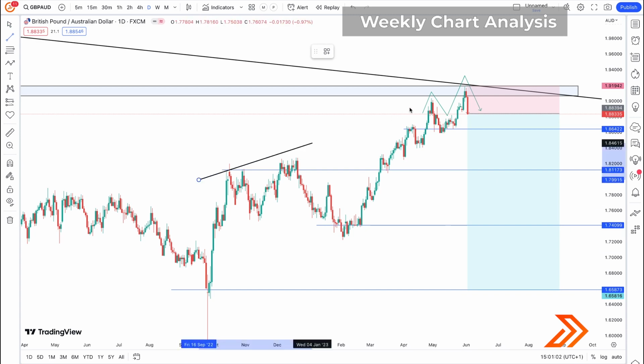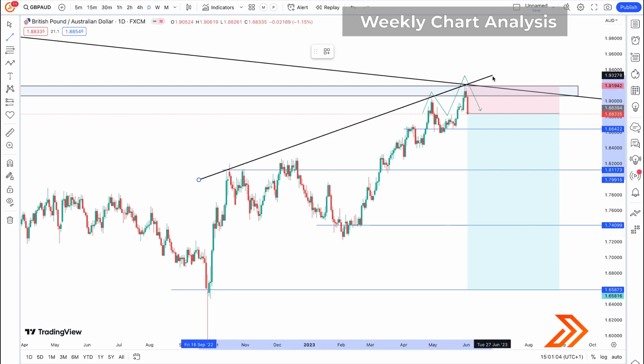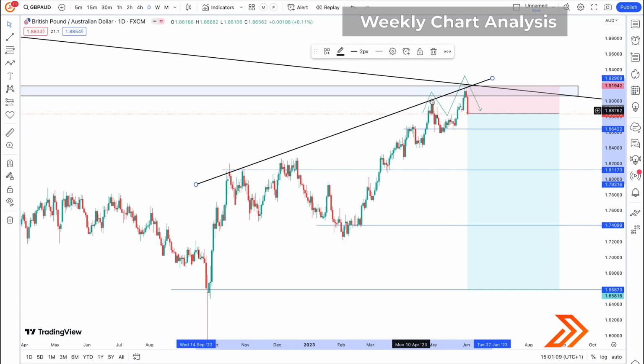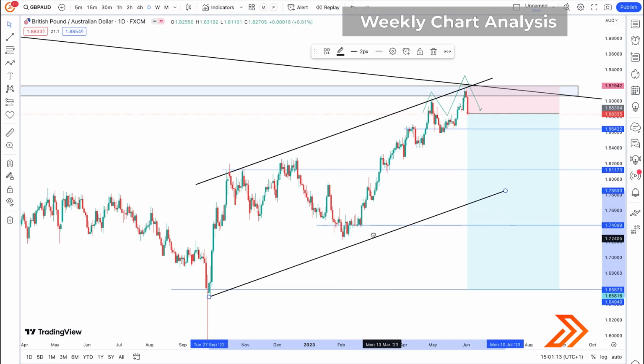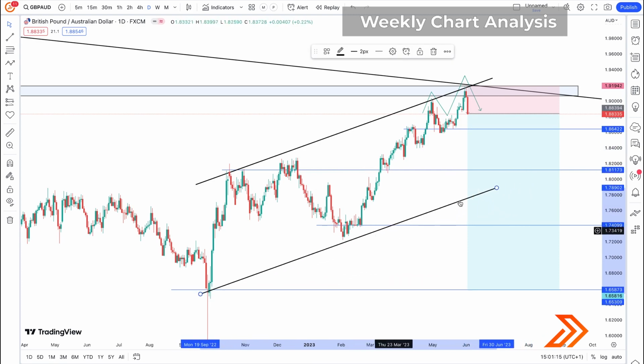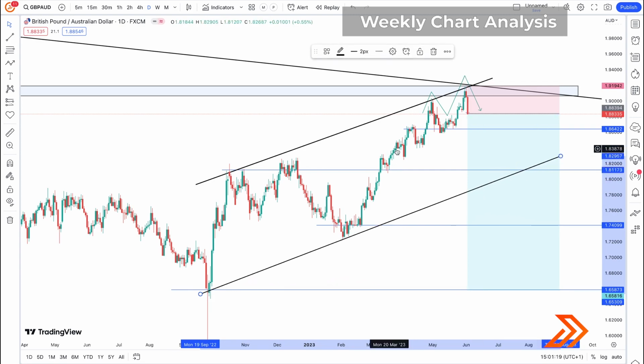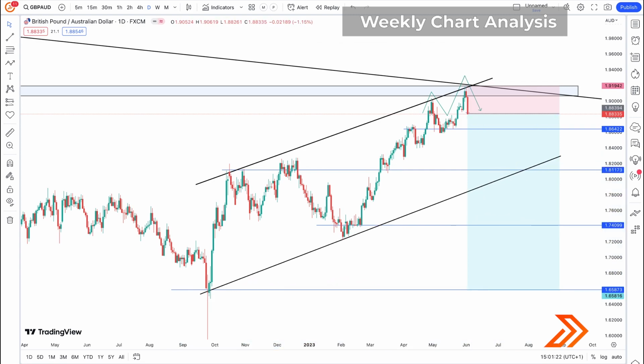And if you notice, we're currently seeing price bouncing off this channel. We had the first bounce here, we had another bounce here, and then we had the third bounce here on this zone. So this is also crucial for us to see. We could see price come back down to this low on the GBP AUD pair to bounce off this support zone.